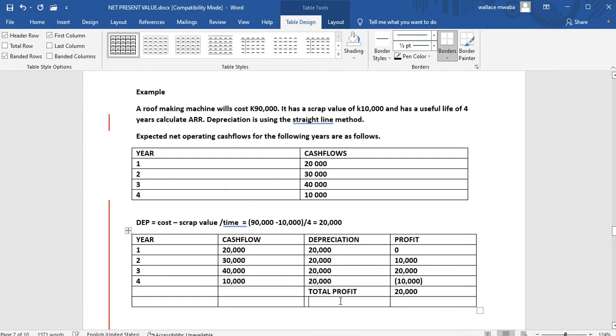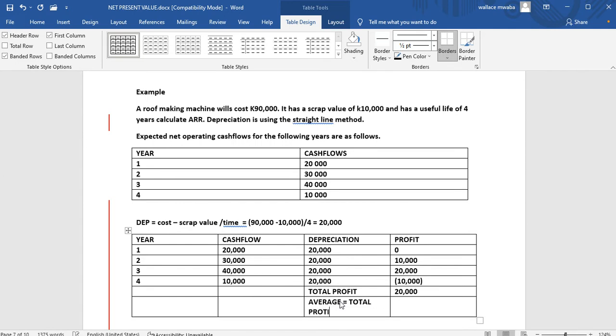Average profit equals total profit divided by the number of years.